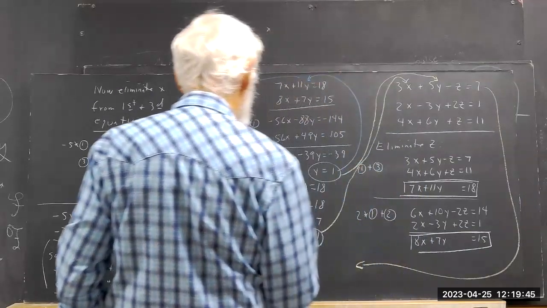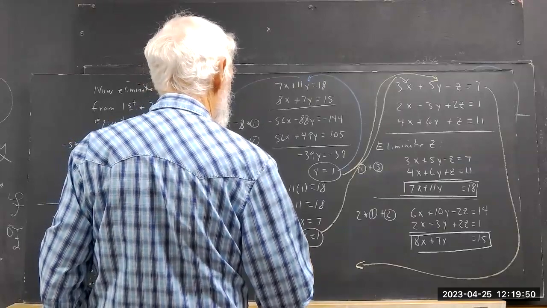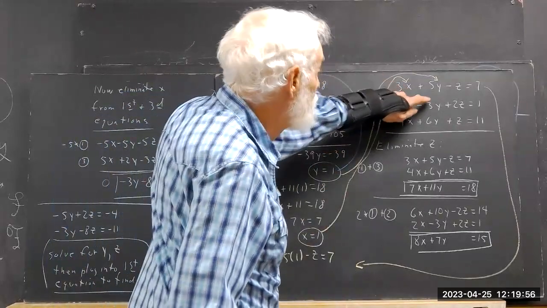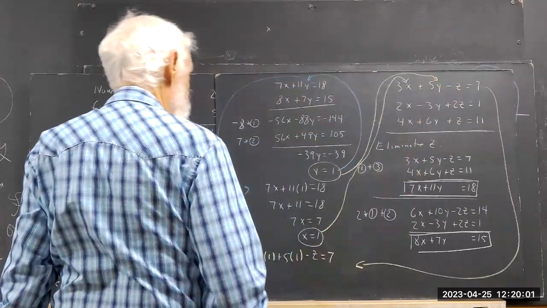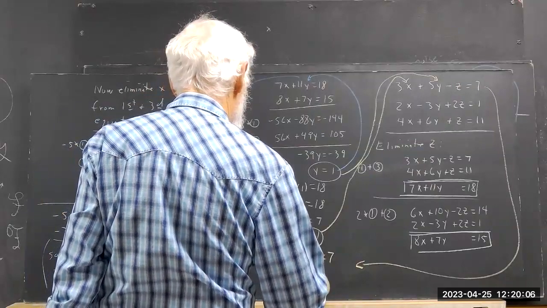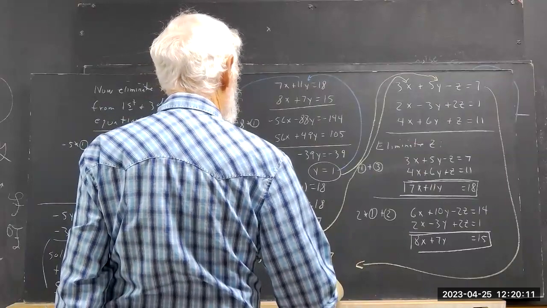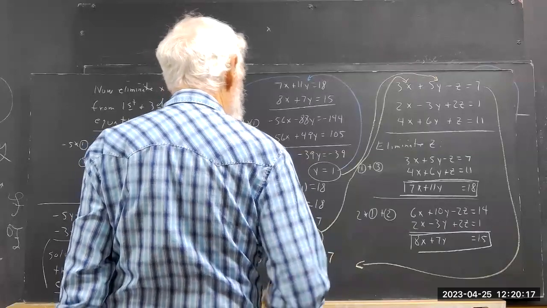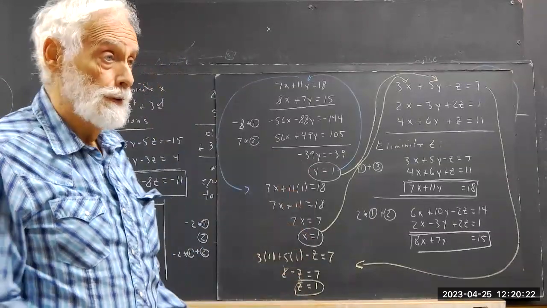Give me the equation: three times 1, 5 times 1, minus z equals 7. Eight minus z equals 7. And we do the remaining steps. We find that z equals 1. So now we know the solution of our system.